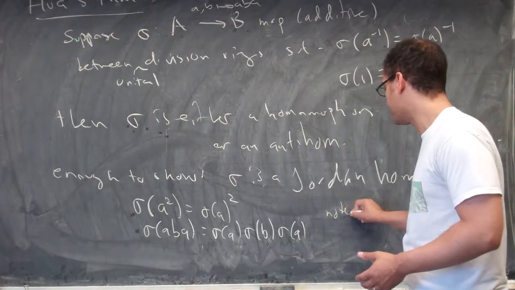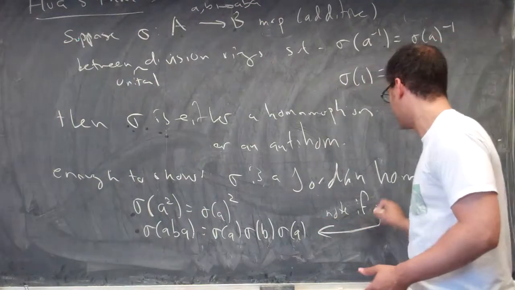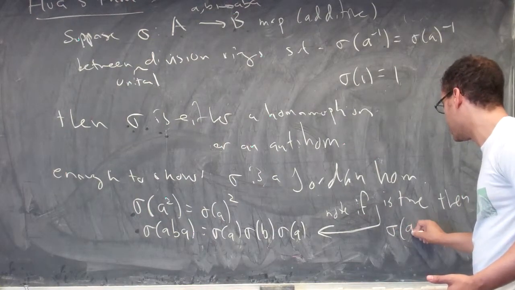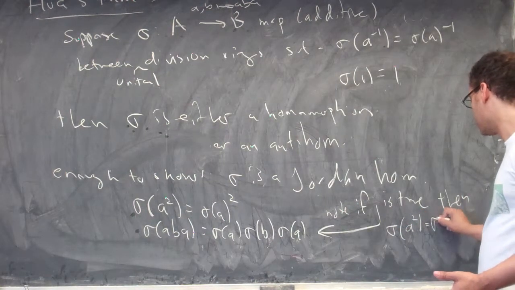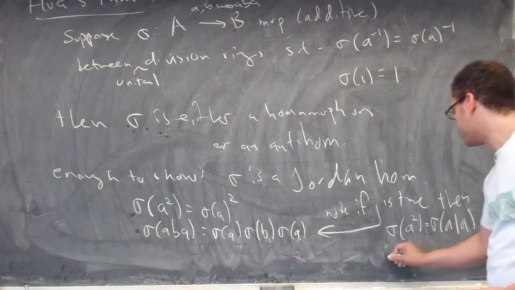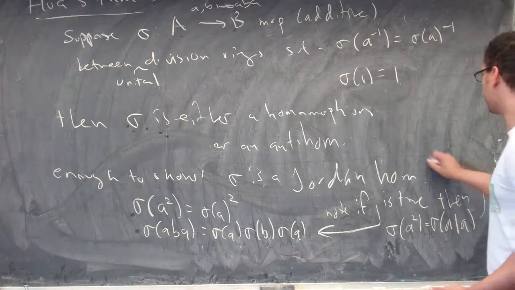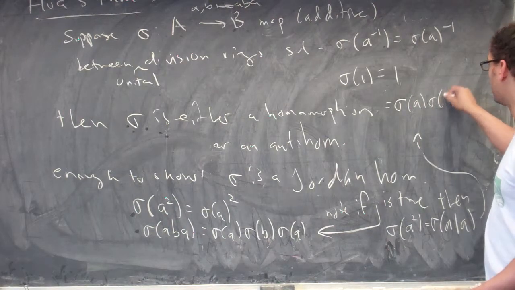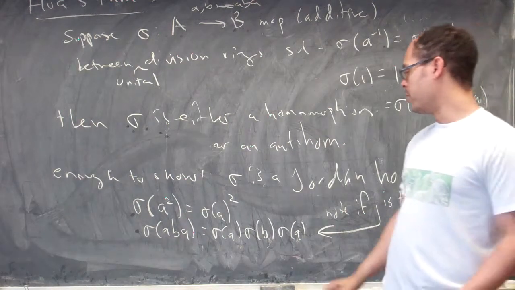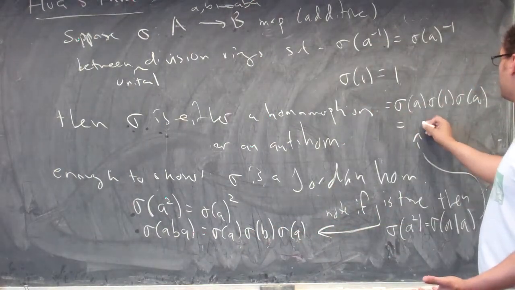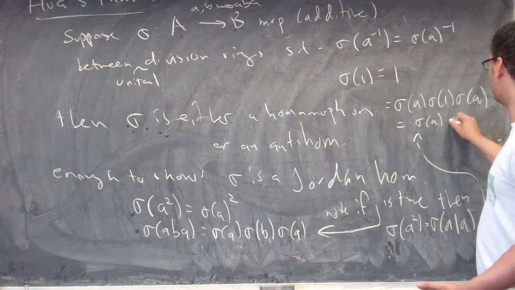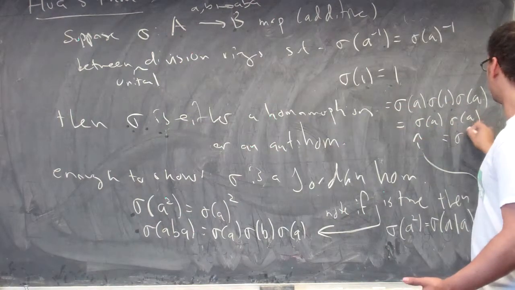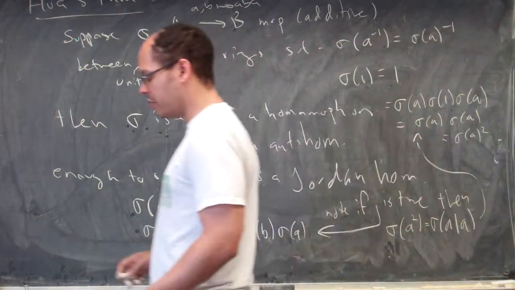So note, if the second one is true, then it follows that sigma of A squared, well, because that's the same as sigma of A1A, and that's going to be the same as sigma of A, sigma of 1, sigma of A, because we're assuming this is true, and that's going to be the same as sigma of A, sigma of A, because we're assuming that sigma preserves the unit element. That's going to be sigma of A squared.